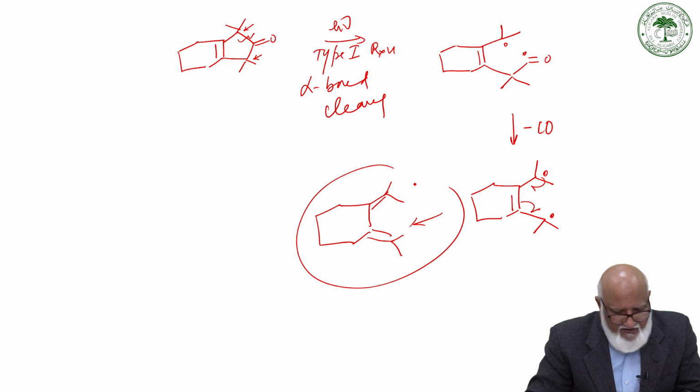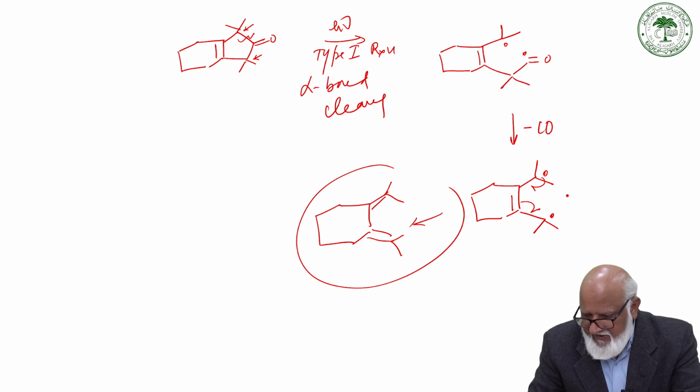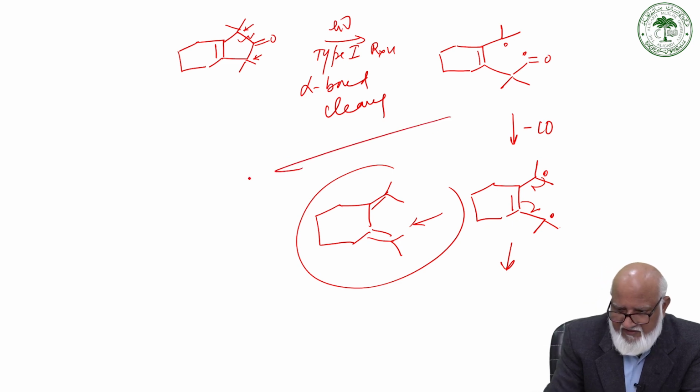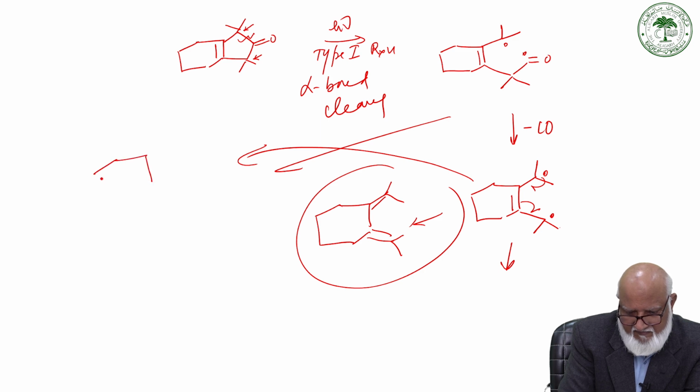Now it is also possible that this radical may abstract a hydrogen atom from this. So if you write this like this, this radical can abstract a hydrogen atom from this one, and then it is going to form a product like this.